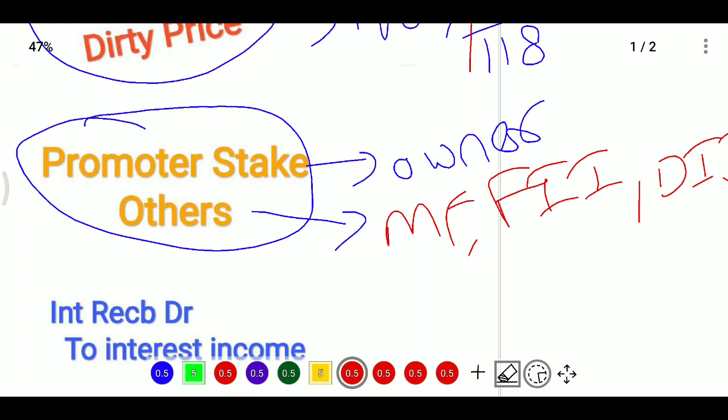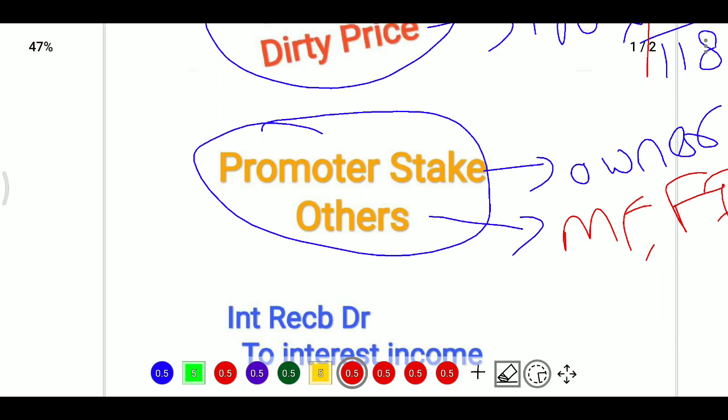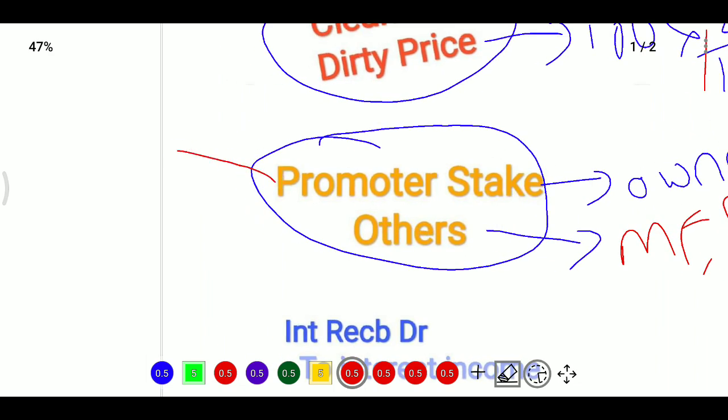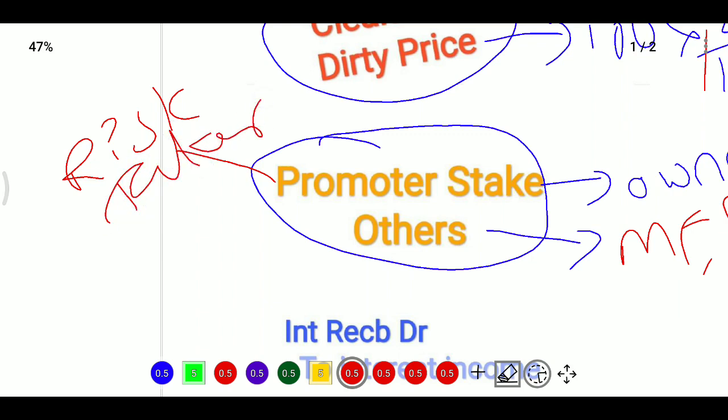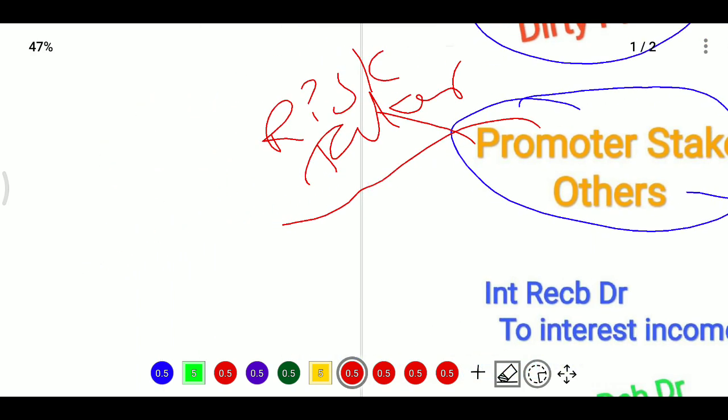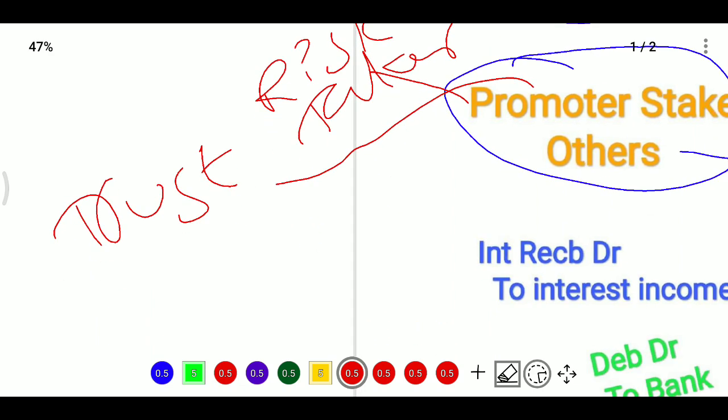Because promoters have responsibility and more holding, so they will work for that company. If they have not invested in their own business, how can you trust that company? For trust, the promoter must first invest money. Free float means the shares invested by other persons, which are available for floating.